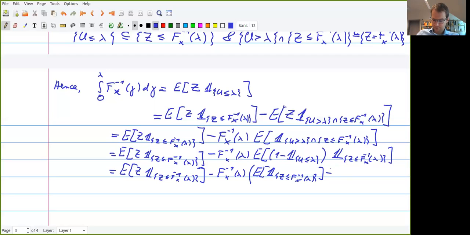Minus, well, the other 2 indicator functions, u intersected with z. Oh, that's not an x, that's lambda. Wait, and now I need to get here somehow a bracket. Yes. Cool. Last line. Now we're almost done.